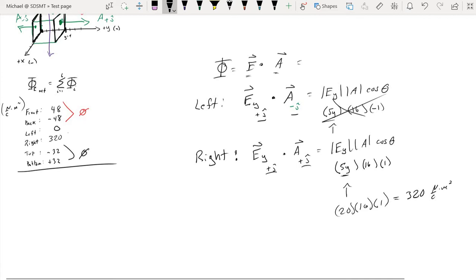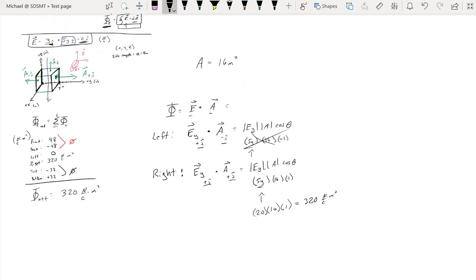And, as nice as it might have been to have the net flux equal 0, turns out it's not. I actually get a finite value of 320 newtons per coulomb meters squared.